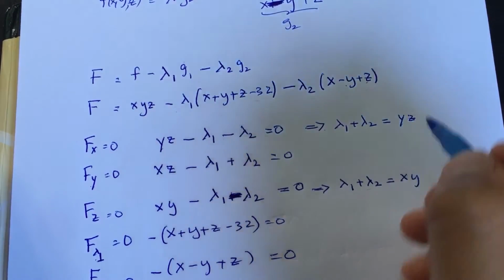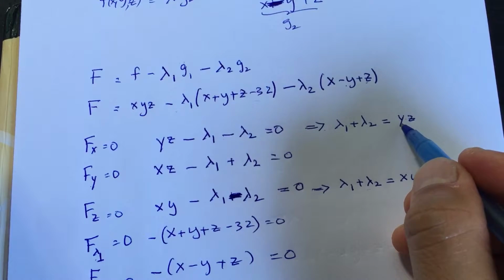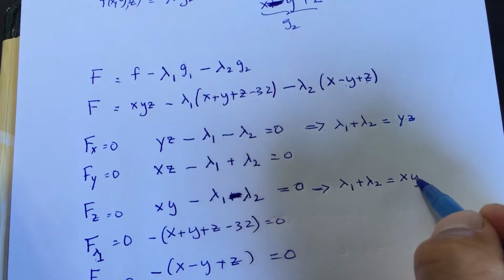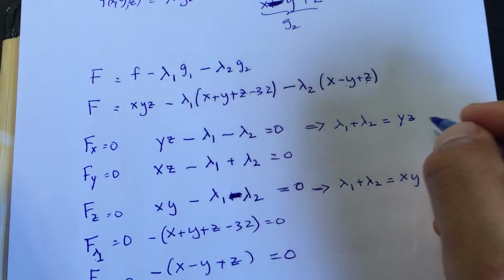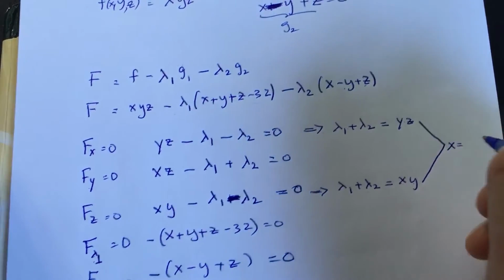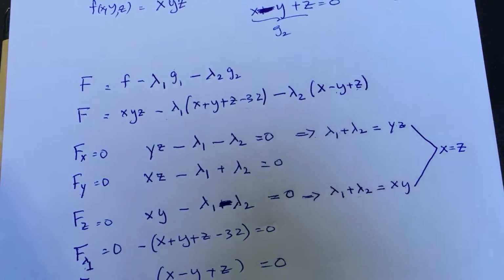How could this be equal to this? That means yz must equal a number, and xy must equal a number. What can you say about x and z? These two allow you to say that x must equal z.